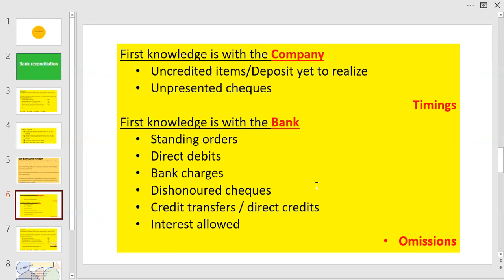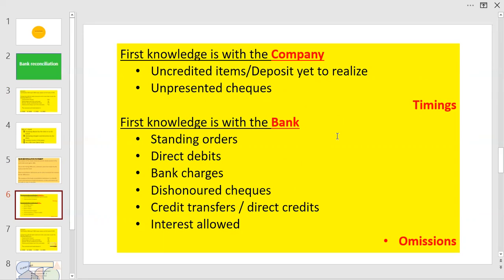Broadly, we have categorized this into two. First one is company knows but bank is unaware. In this regard, no corrective entries need to be made in both books. The second one, bank knows but the company is unaware.